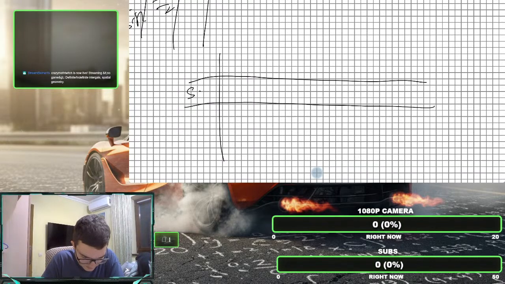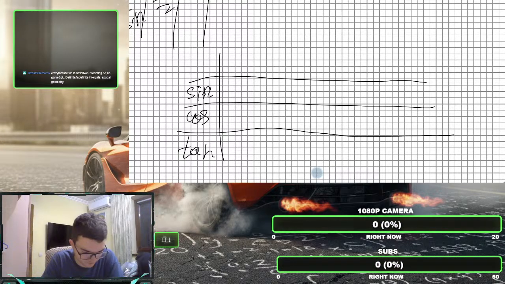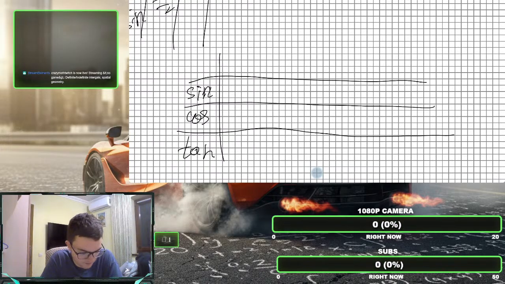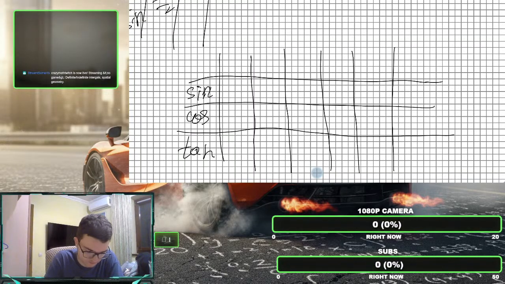Essentially here's sine, here's cos, and here is tangent. Now it's expanding the table in the video. 1, 2, 3, 4, 5 lines. I'm gonna also make these lines.